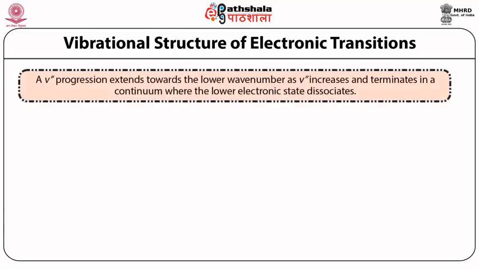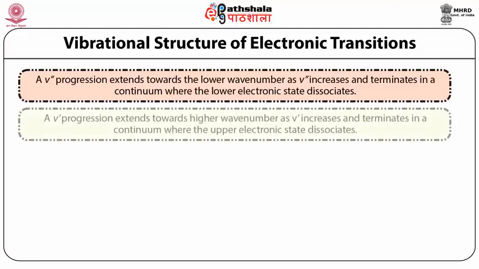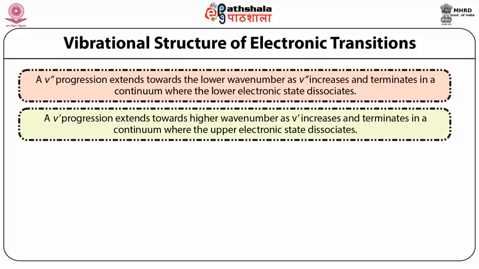A nu double prime progression extends towards the lower wave number as nu double prime increases and terminates in a continuum where the lower electronic state dissociates. A nu prime progression extends towards higher wave number as nu prime increases and terminates in a continuum where the upper electronic state dissociates.